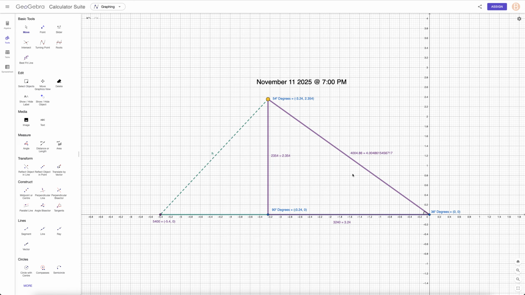It's the same thing. I can take away these three lengths right here and have just a pure triangle, with 90 degrees, 54 degrees, and 36 degrees, and it's still a right angle triangle. Makes no difference. What way you twist or turn it, it cannot not be a right angle triangle.